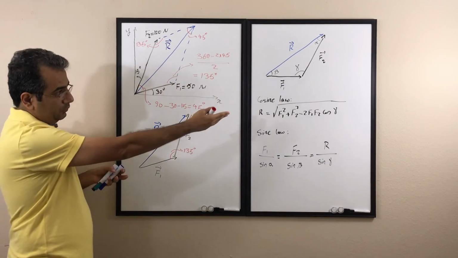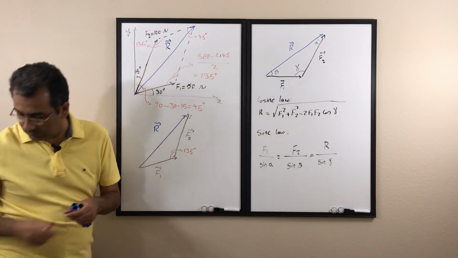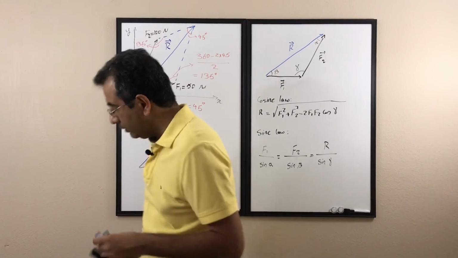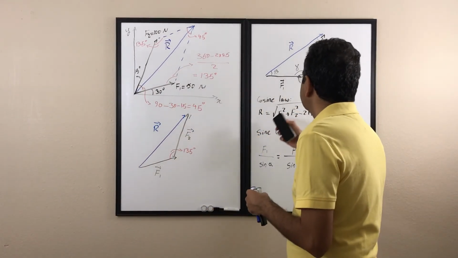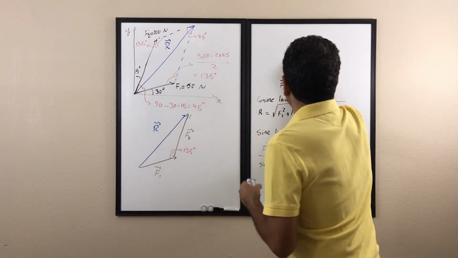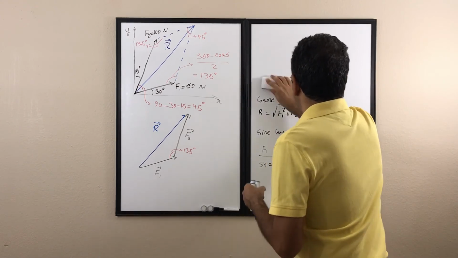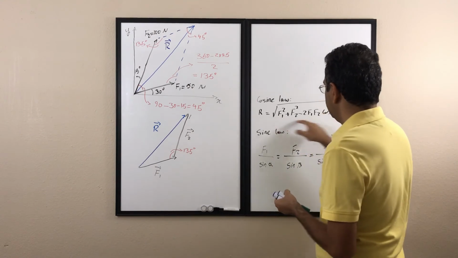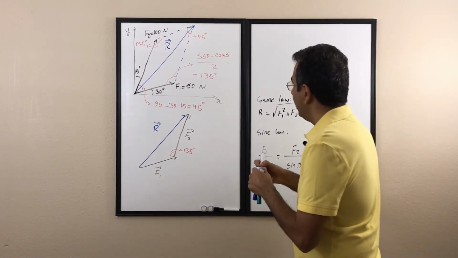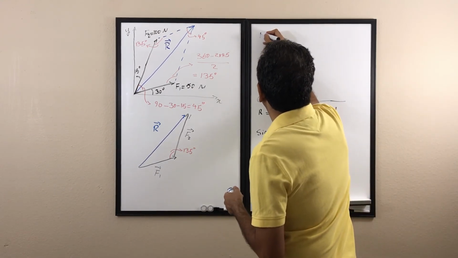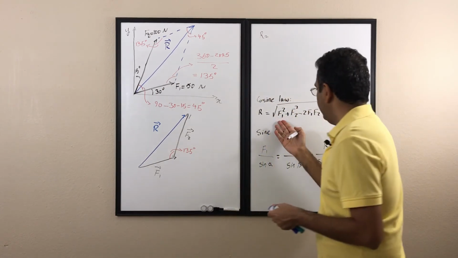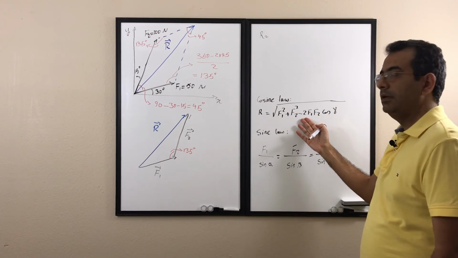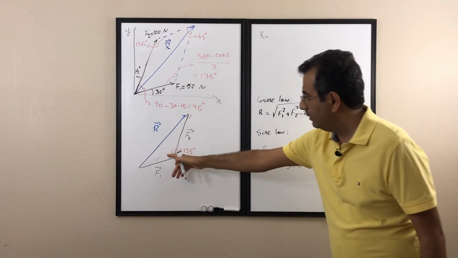We are going to use the cosine law and sine law to find out that magnitude and the angle. Let's start with the cosine law. The cosine law for here: the magnitude of R is going to be the square root of F1 square plus F2 square minus 2 F1 F2 cosine gamma.